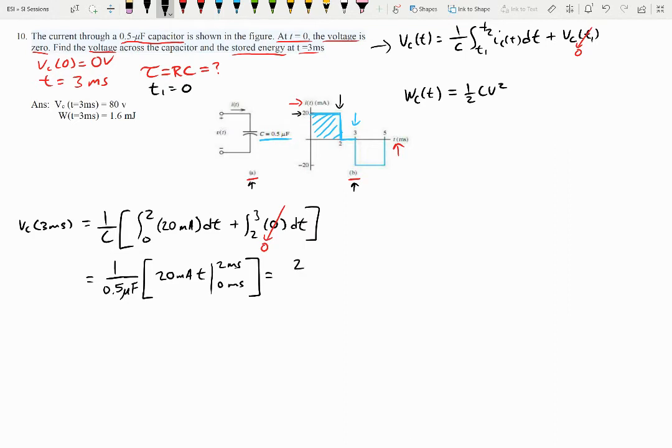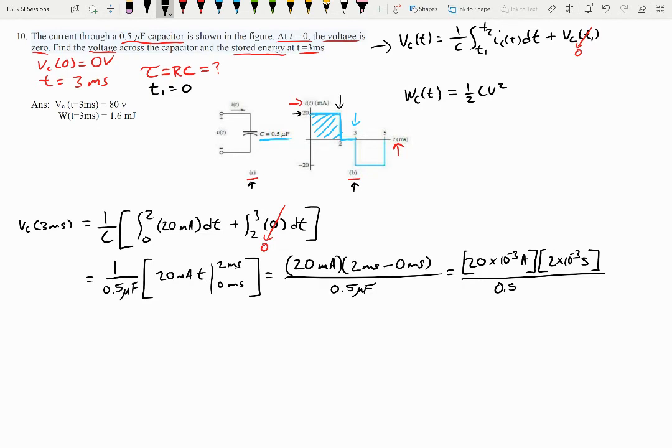So if we plug and chug, 20 milliamps times 2 milliseconds, minus 0 milliseconds here, all over 0.5 microfarads. And remember, we want to keep all this in base units. So 20 times 10 to the negative third amps, 2 times 10 to the negative third seconds, over 0.5 times 10 to the negative 6 farads.